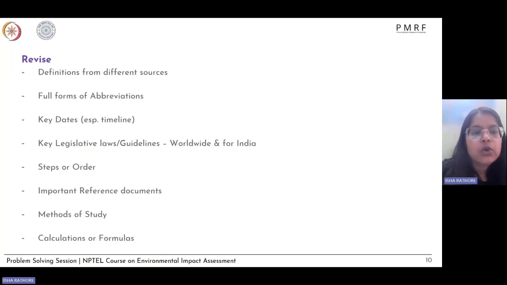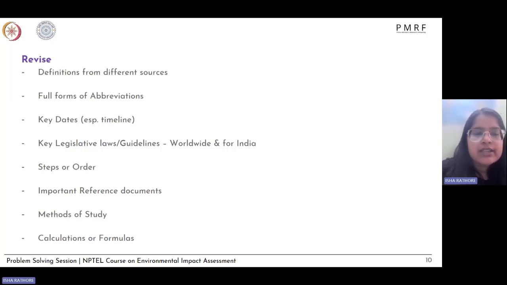So make a note of what happened when, and for which environmental parameters each of these legislative laws is applicable, what treaties India has signed or ratified. So all of those are again something which can come in your final examination.